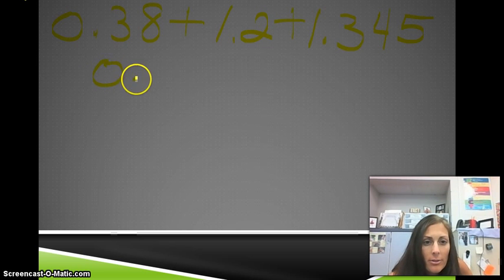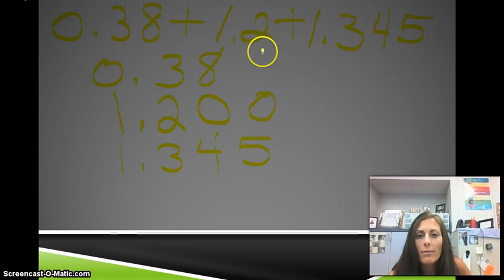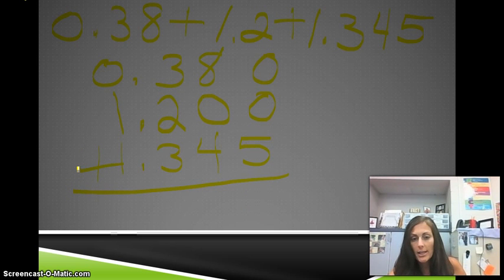So here we have 38 hundredths plus 12 tenths. And remember, we're going to fill in the empty spaces with zeros. Plus 1 345 thousandths. So I have an empty space here that I'm going to add a 0, and I have an empty space here that I'm going to add a 0. I'm now going to add all of these numbers together.